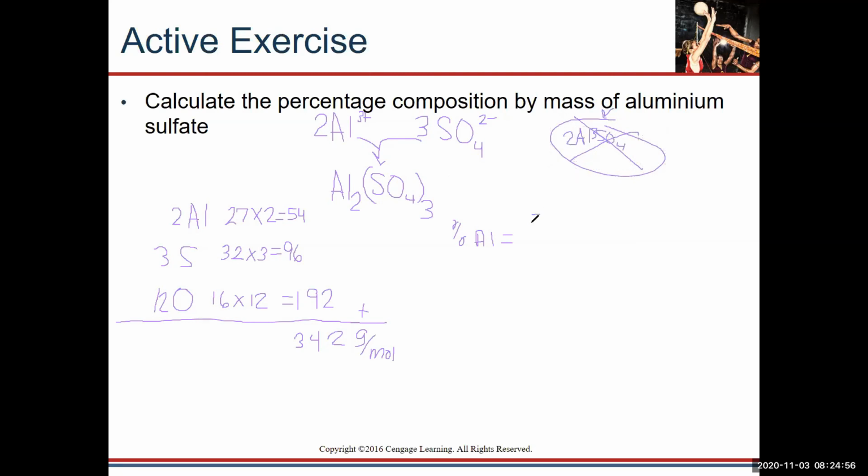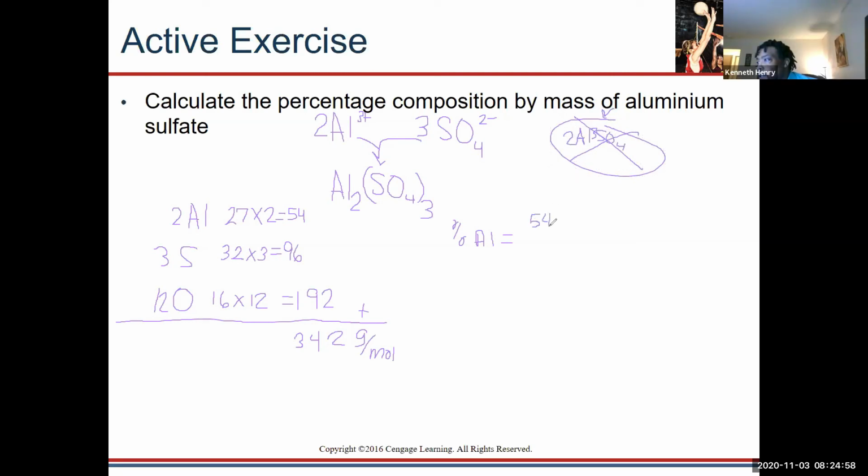So just the aluminum divided by the total, 342 grams per mole, and multiply by 100. Correct. Okay.